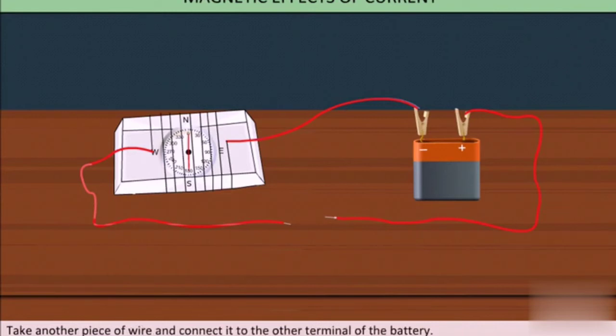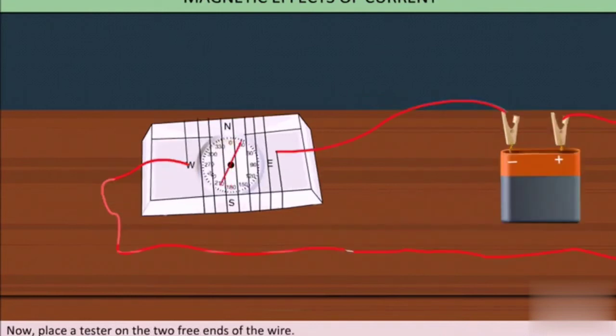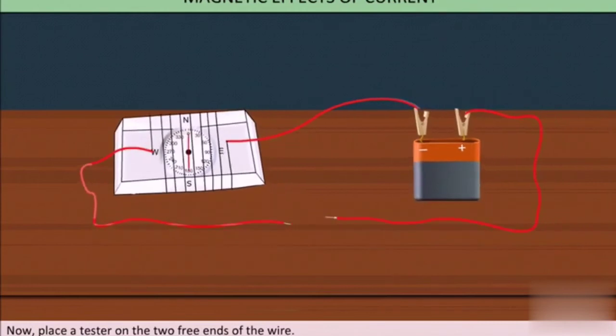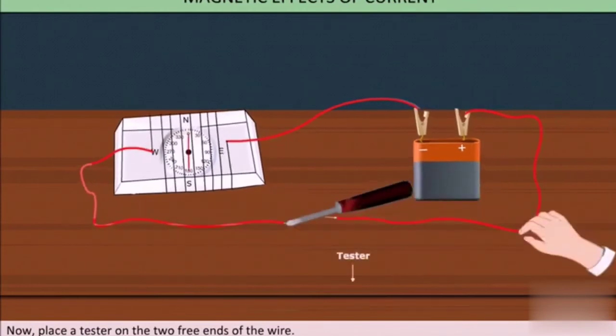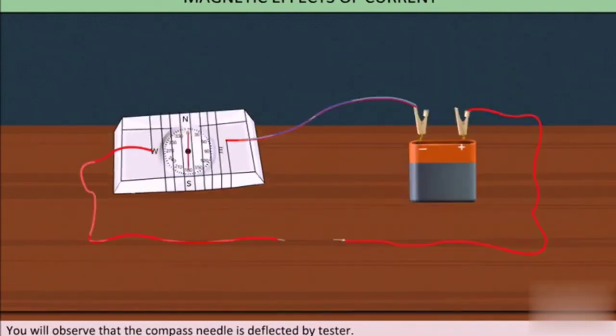Take another piece of wire and connect it to the other terminal of the battery. Join the free ends of two wires momentarily. You can observe that the compass needle gets deflected. Now place a tester on the two free ends of the wire. Then also you will observe that the compass needle is deflected by the tester.